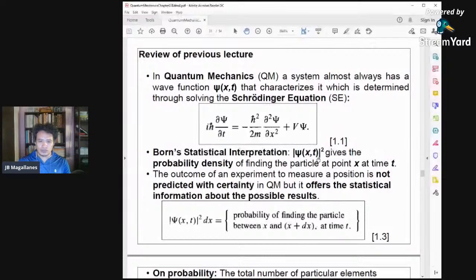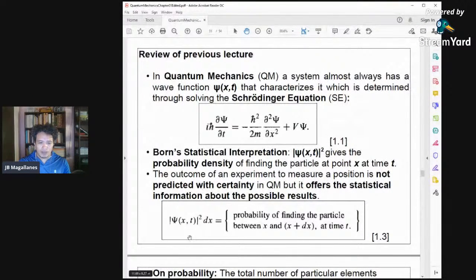In quantum mechanics also, the outcome of an experiment to measure a position is not predicted with certainty. Rather, quantum mechanics only offers statistical information about the possible results.